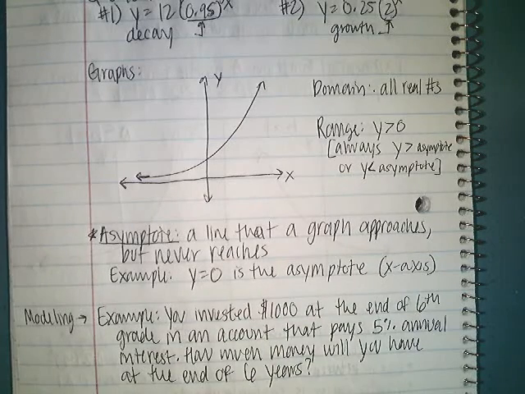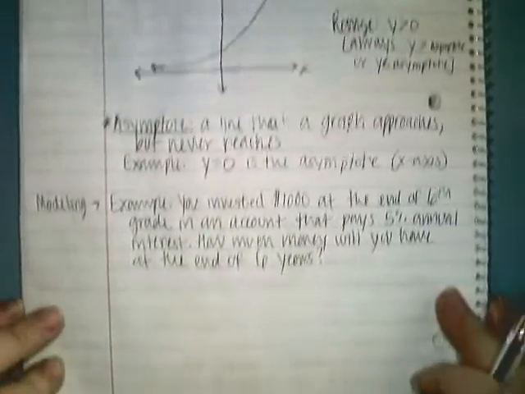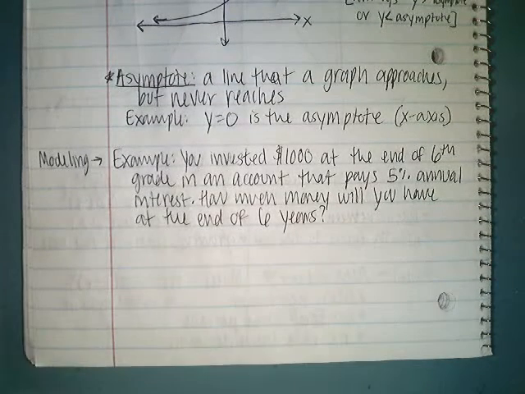The last thing I want to do in this lesson before we wrap it up is a modeling problem. The last part of our previous page talked about modeling exponentials. In this problem, you invested $1,000 at the end of 6th grade in an account that pays 5% annual interest. How much money will you have at the end of 6 years?